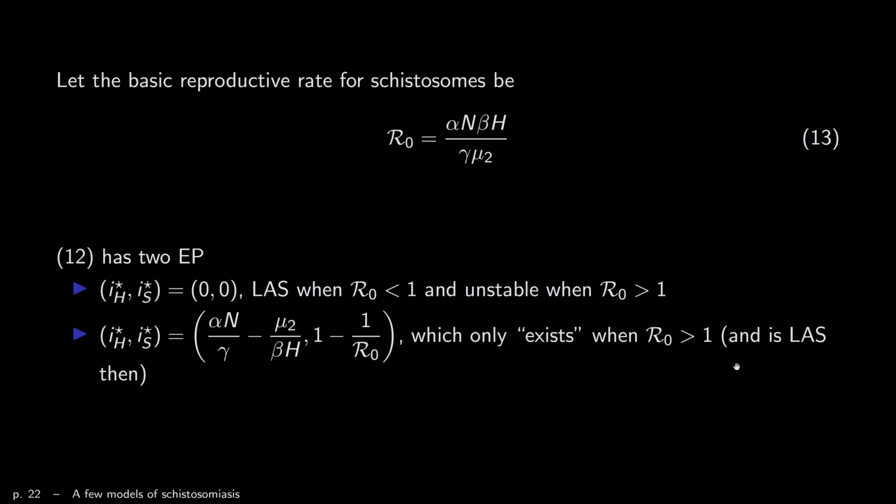So the situation is very classic. We have a disease-free equilibrium, which is locally asymptotically stable when the basic reproduction number for schistosomes is less than 1. And when that basic reproduction number becomes larger than 1, the second equilibrium, the endemic equilibrium, comes into the positive quadrant. Okay, it becomes positive in both components, and it is then locally asymptotically stable.